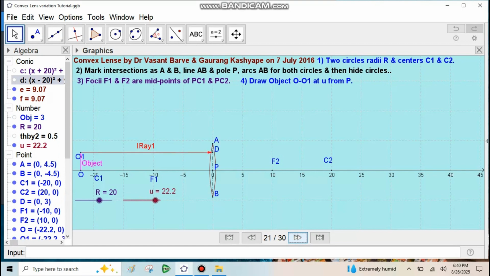So this first ray we have drawn is parallel to the axis of the lens from top of the object. It meets the center line at D, and please note that such a ray will pass through F2 after the refraction.